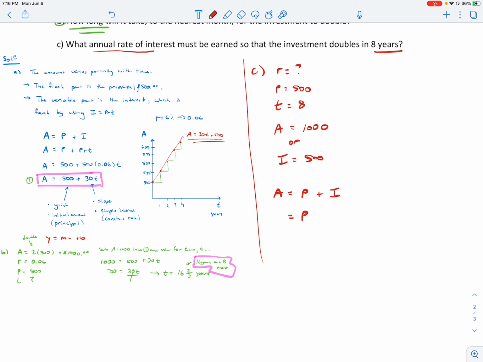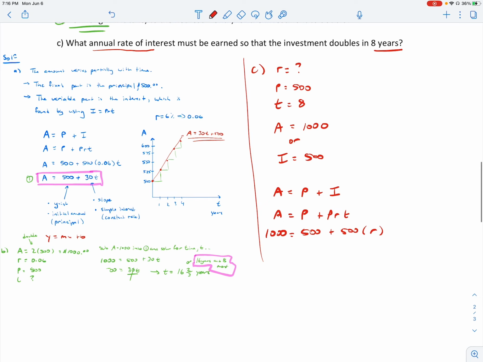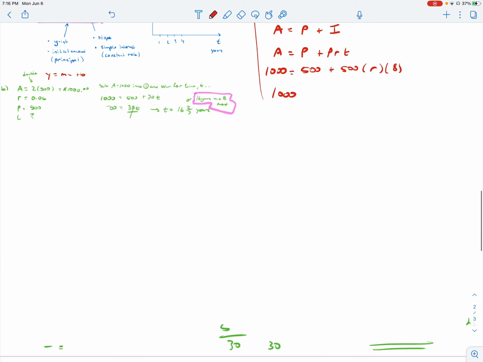So I would say A equals P plus PRT. So we're going to have 1,000. The principal is 500. We're looking for the rate, and the time is 8 years. So we have 1,000 equals 500 plus 8 times 500, which is 4,000 R.